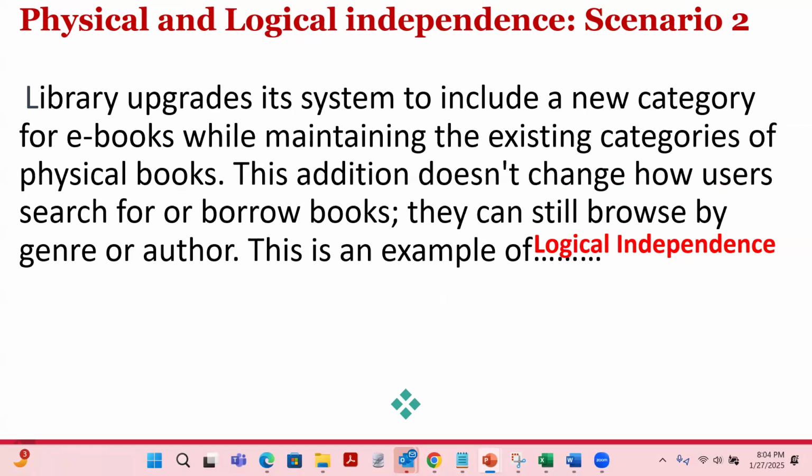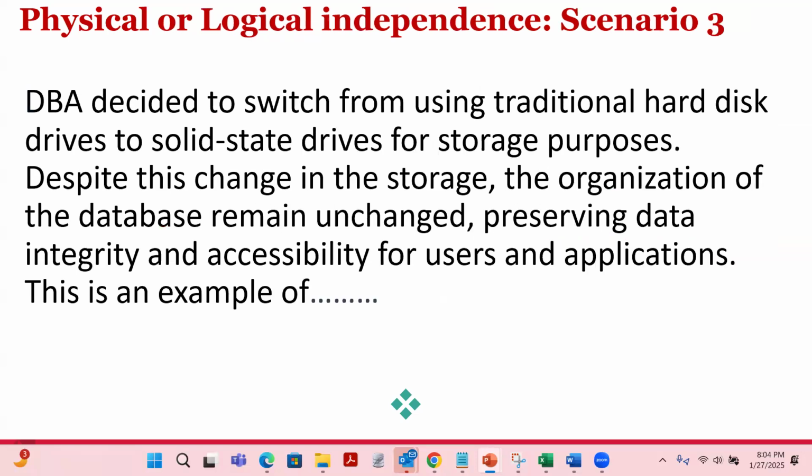All right, let's go to the next scenario. A database administrator decided to switch from using traditional hard disk drives to solid state drives for storage purposes. Despite this change in the storage, the organization's database remains unchanged, preserving integrity and accessibility for users and applications.